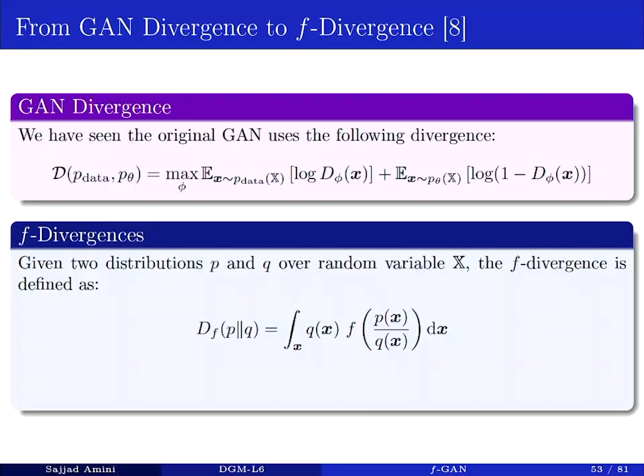But we have a definition of f-divergences. What is an f-divergence? Given two distributions P and Q over random variable x, the f-divergence is defined as this function. Here, if you replace f with log, what do we have?